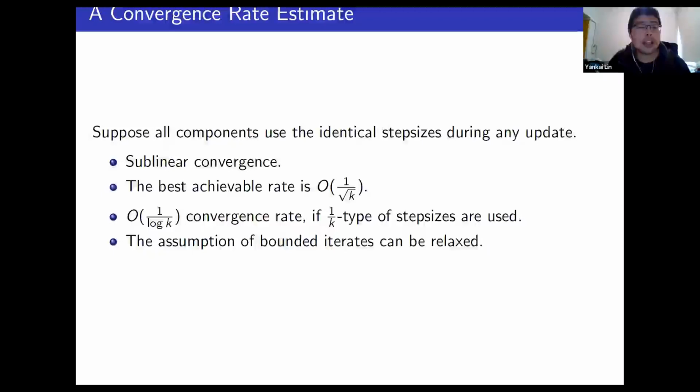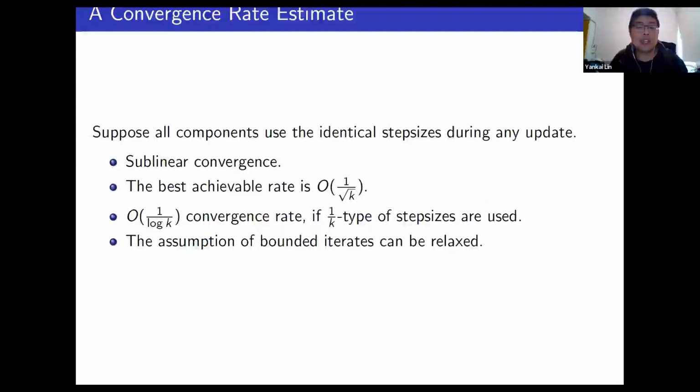And we show that the best achievable rate is of order 1/√k. And that's consistent with the centralized version of the algorithm. And again, if we decided to use 1/k type step sizes, you can also show that the convergence rate is of order 1/log k. And again, that's consistent with the results in the centralized version because we're also using tools from optimization literature.